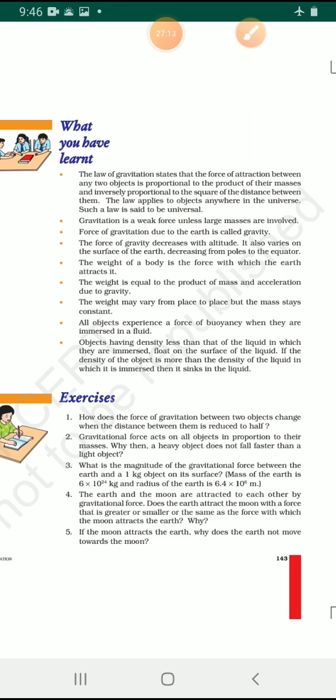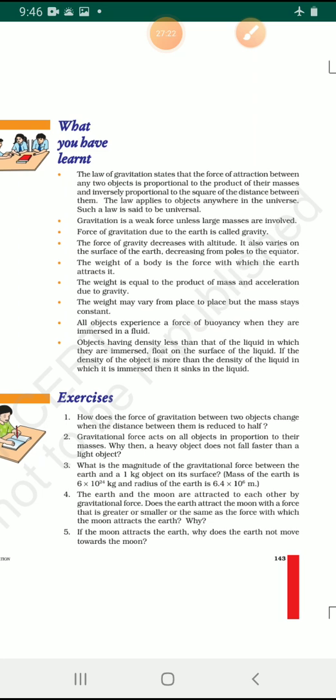All objects experience a force of buoyancy, as we discussed in the previous class. Objects having density less than that of the liquid in which they are immersed float on the surface of the liquid. If the density of the object is more than that of the liquid in which it is immersed, it is going to sink. We have also taken relative density, just now we discussed.